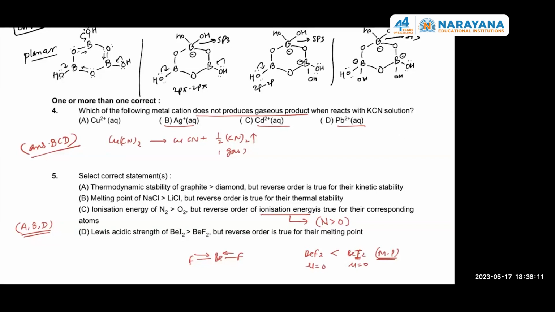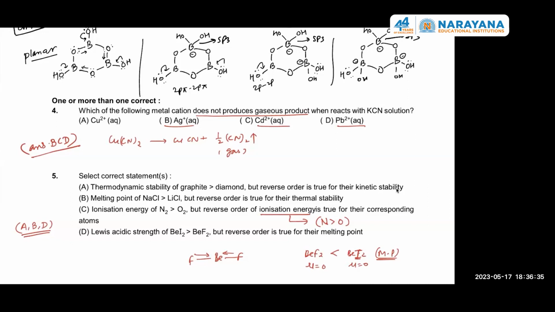Sir, how do we speak about kinetic stability? It is like a general statement. When we talk about stability between graphite and diamond, we first of all check the thermodynamics. The heat of formation of graphite is slightly more than the heat of formation of diamond. So on that basis, we are saying that thermodynamic stability of graphite is more.